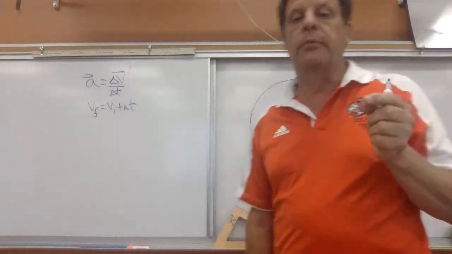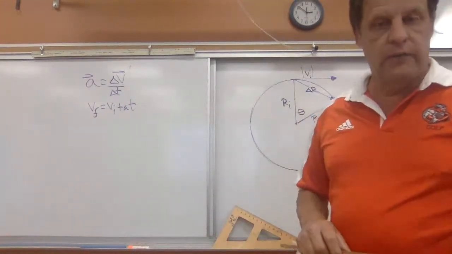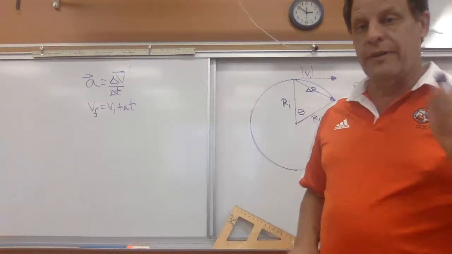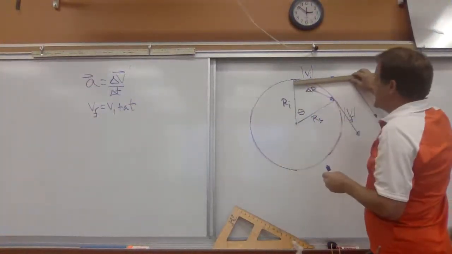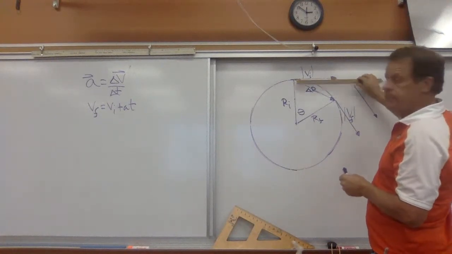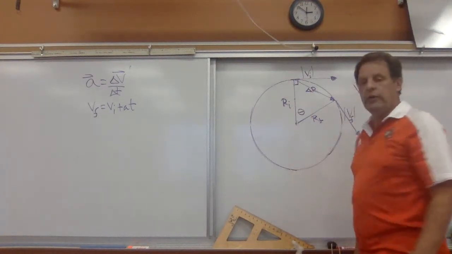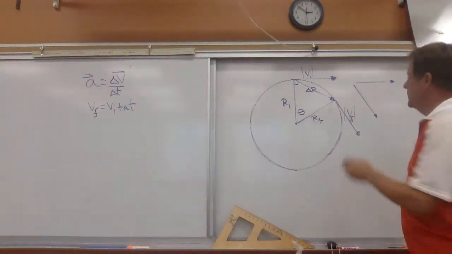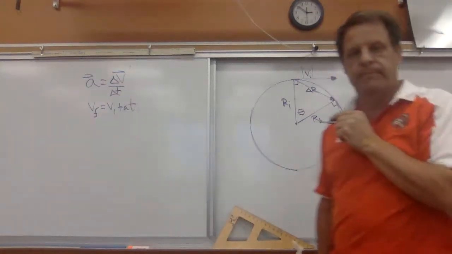Now, as you probably also know, the velocity of an object going around in a circle at an instant is going to be tangent to that circle. So what we have here is 90 degrees, and right there we would have 90 degrees.